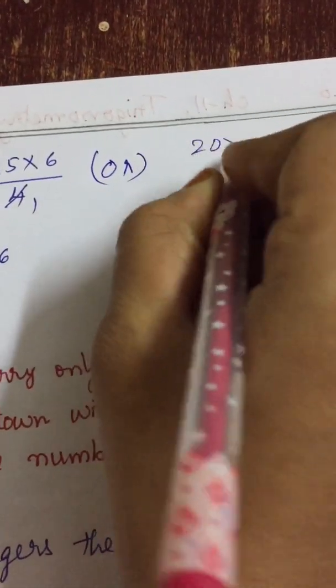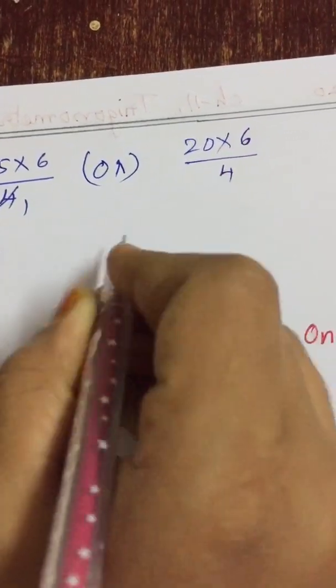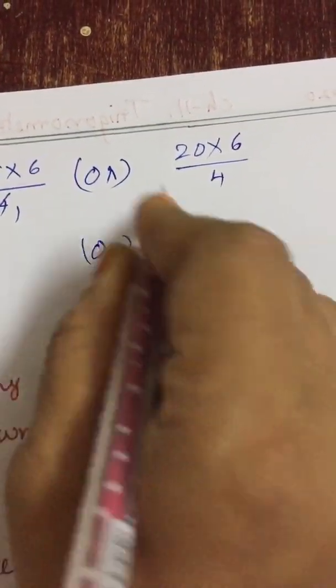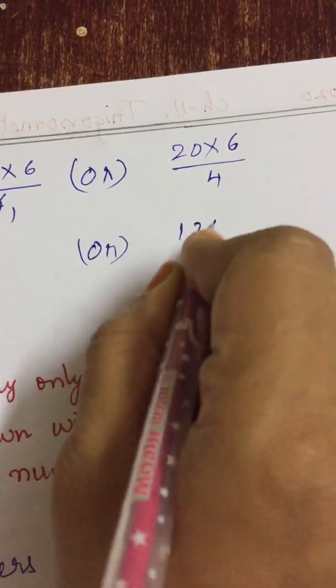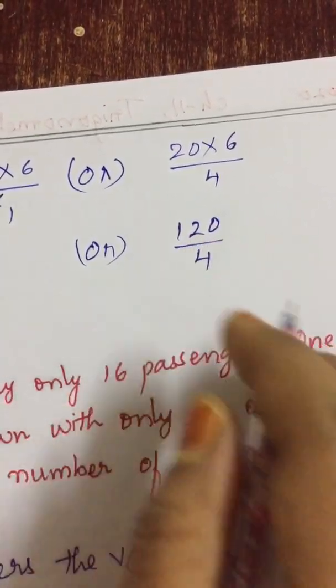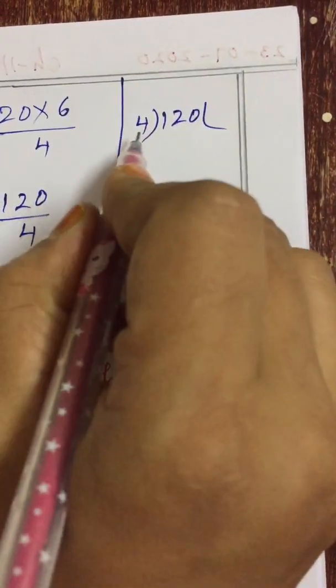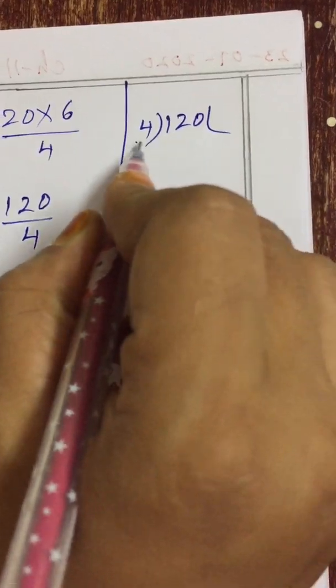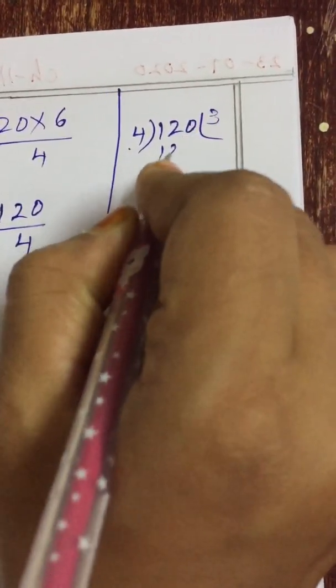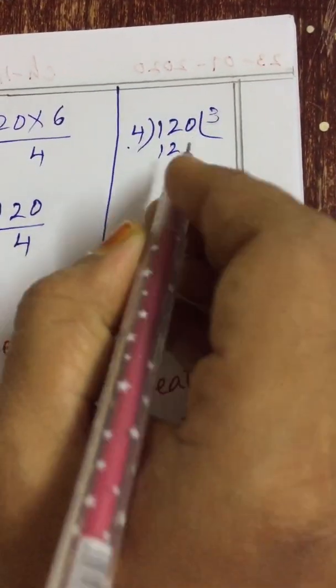If you are confused here, you can do it this way. 20 into 6 whole divided by 4. So you can multiply 20 into 6. 20 into 6 how much? 120 whole divided by 4. This 120 divided by 4 you can solve in rough column. 4 3s 12.